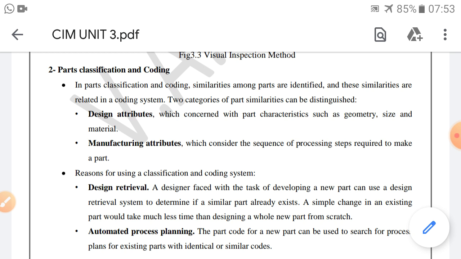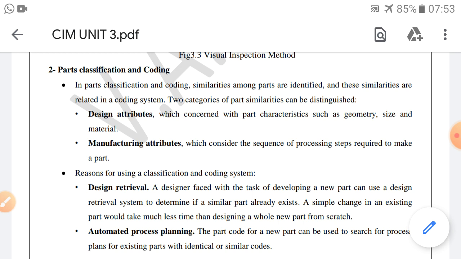The second one is part classification and coding. Part classification means, again, you have to make groups of parts here. And coding means, once you classify the components, you have to code them on the basis of two criteria.